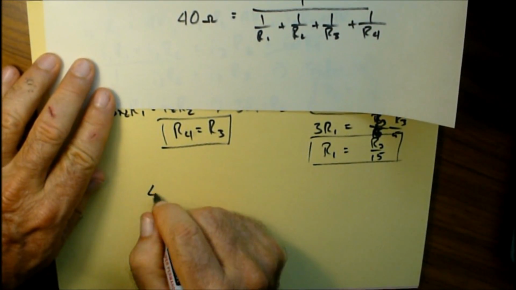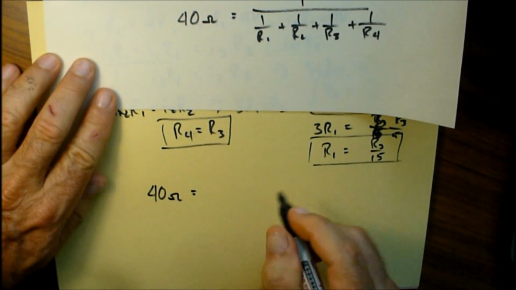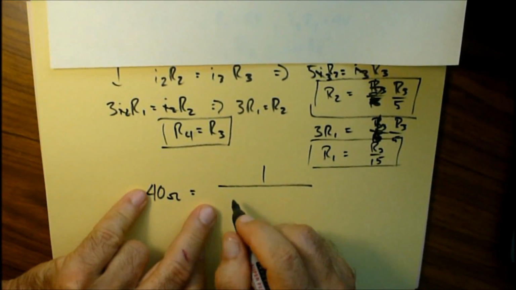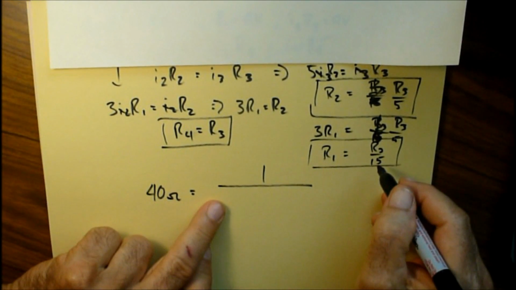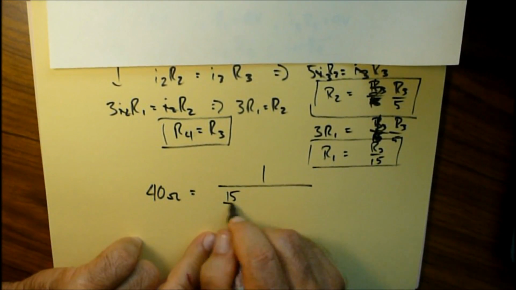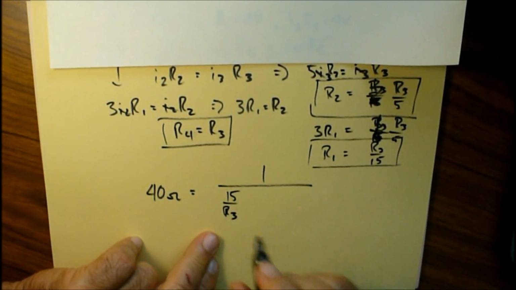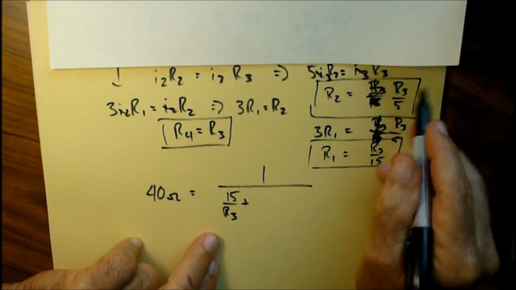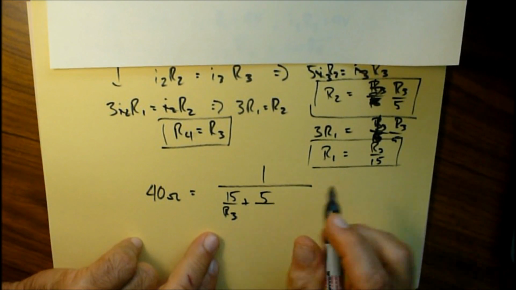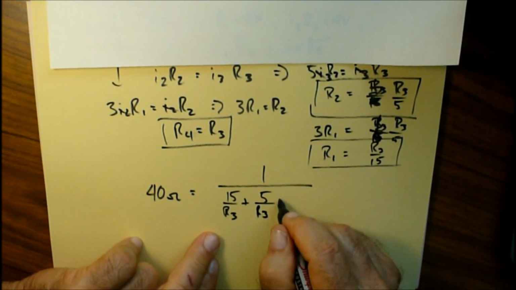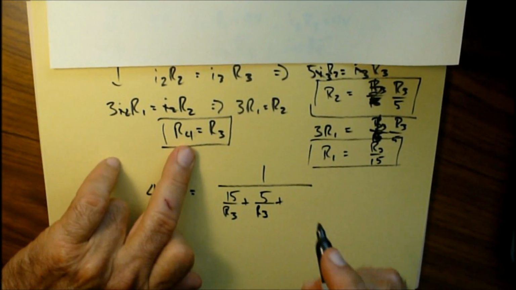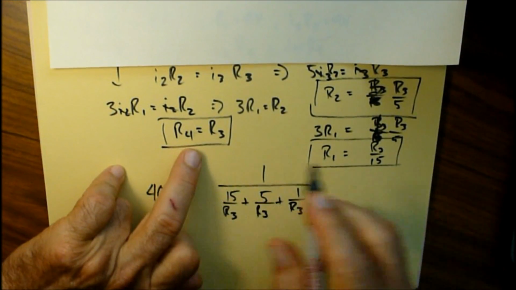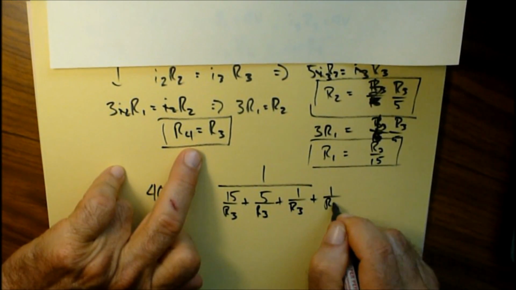40 ohms is equal to 1 over, well, R1 is equal to R3 over 15, but 1 over R1 is 15 over R3, plus R2 is equal to R3 over 5, so this is going to be 5 over R3, plus R3, well, this is just going to be 1 over R3, and of course R4 is equal to R3, so it's going to be 1 over R3.